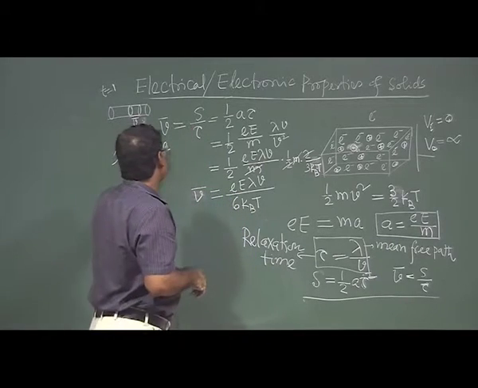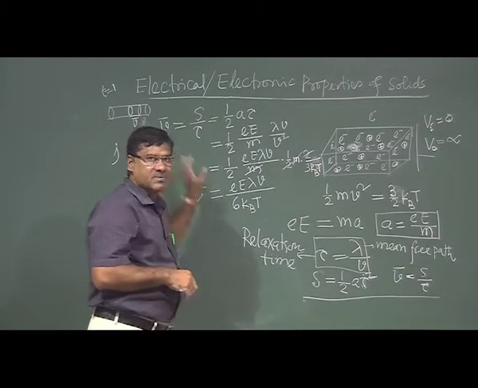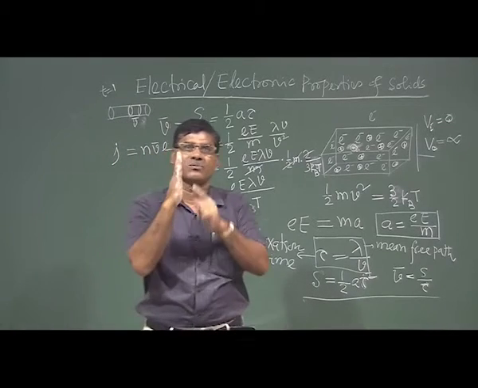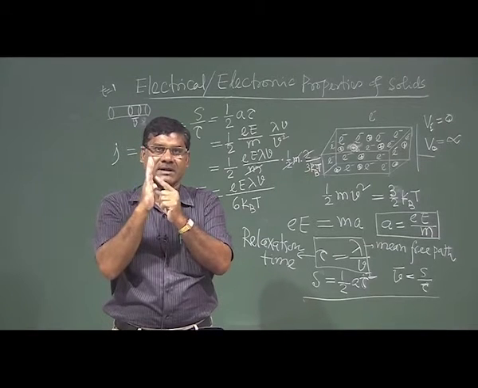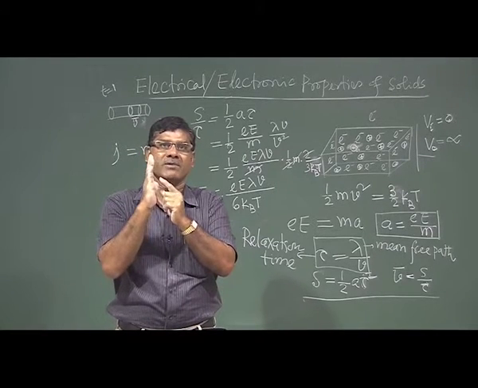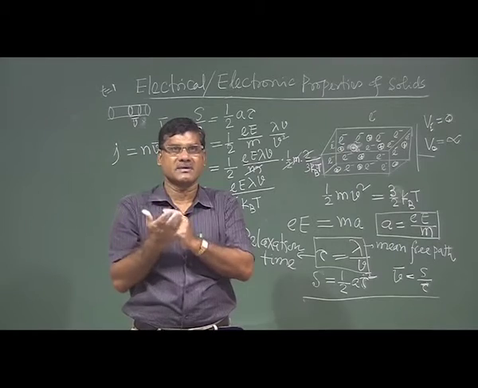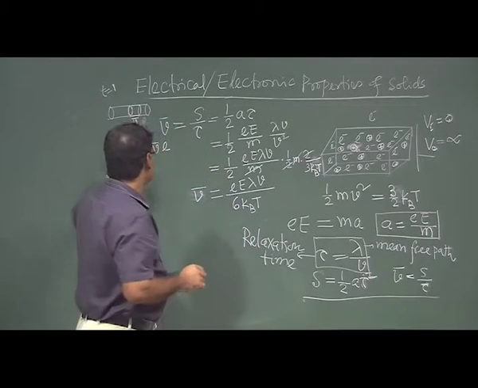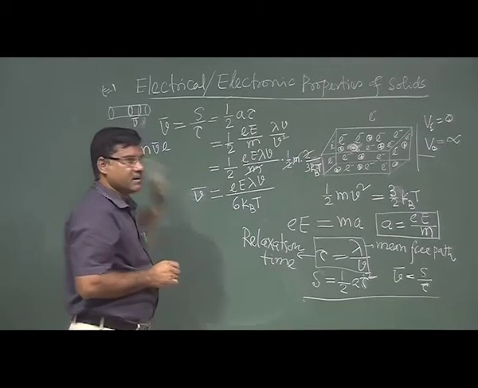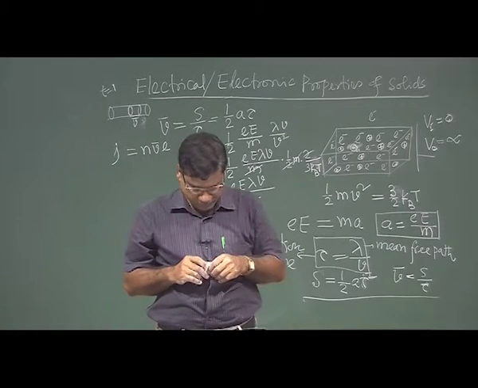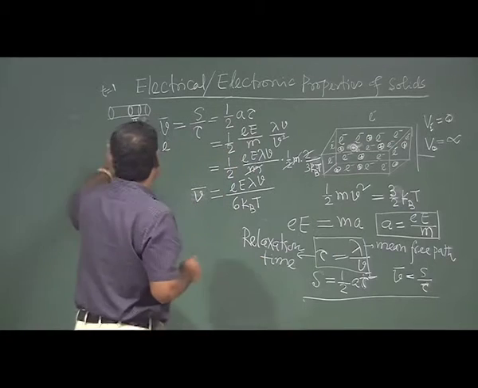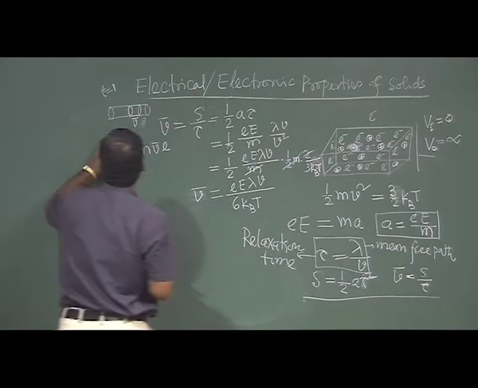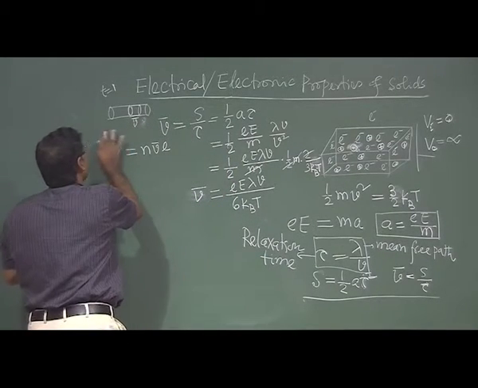So, total charge is this. This much charge is passing through a unit cross section per unit time. So, that is defined as the charge density, right.